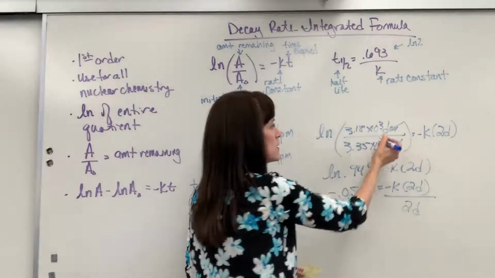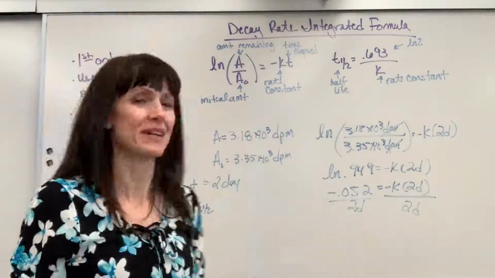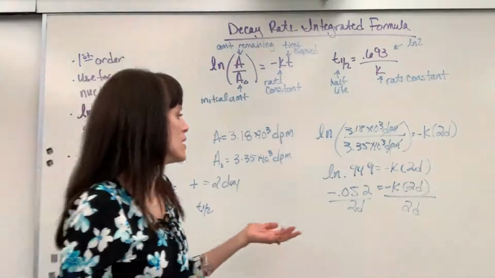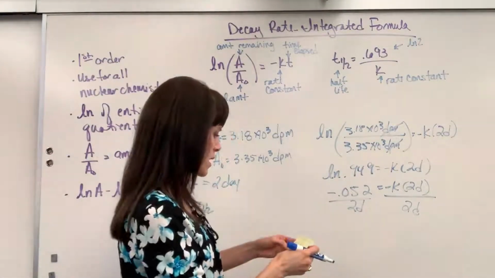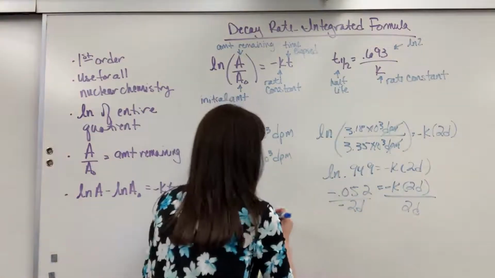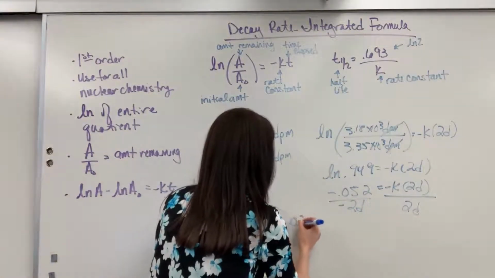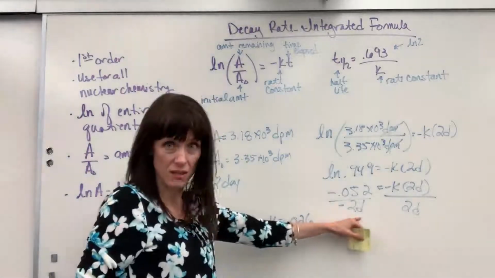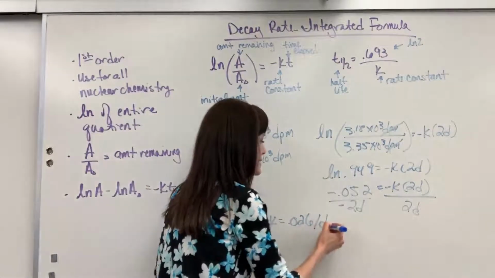Because remember up here, those disintegrations per minute, they canceled. So I'm going to divide this and we are going to come up with k, oh, and that was the negative, so sorry. K is going to equal 0.026, and wait for it, the unit per d.